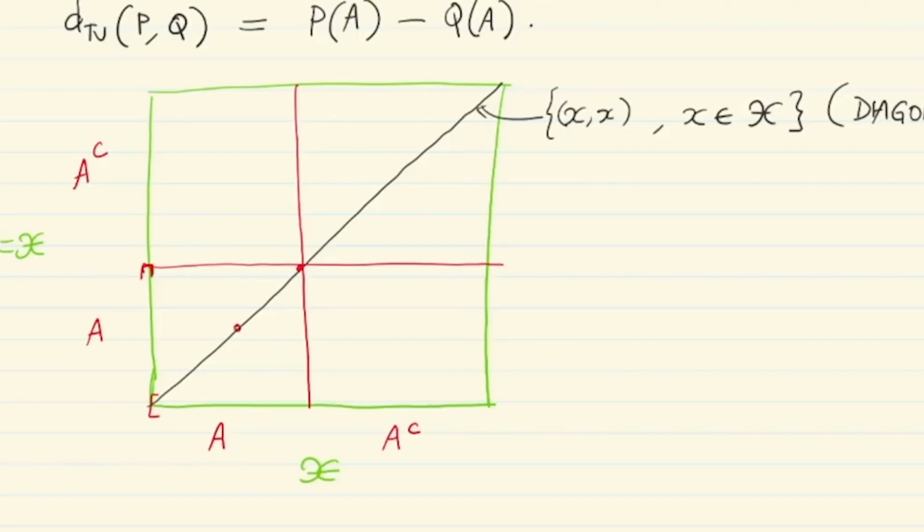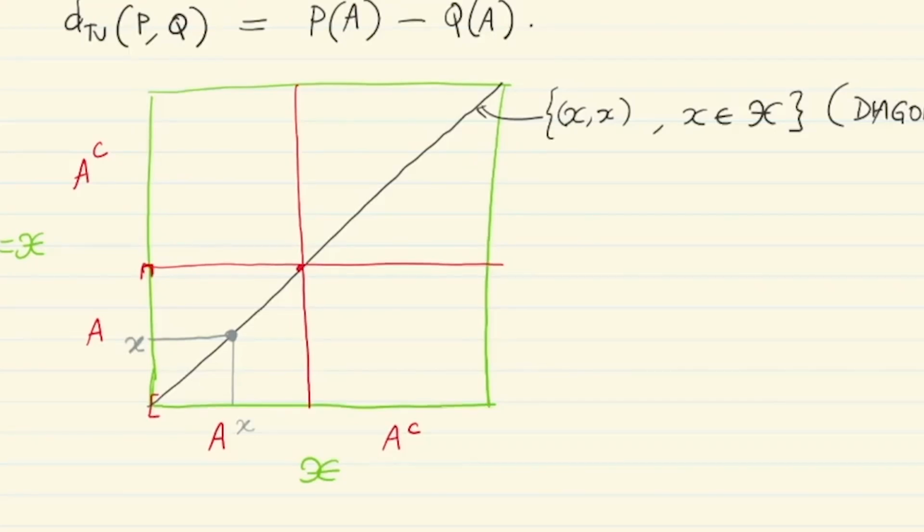So, let us consider a point x here on the diagonal, or x comma x on the diagonal. So, suppose we want to put the largest possible probability on this diagonal point x comma x such that the marginal constraints are met. What is the largest probability we can put?